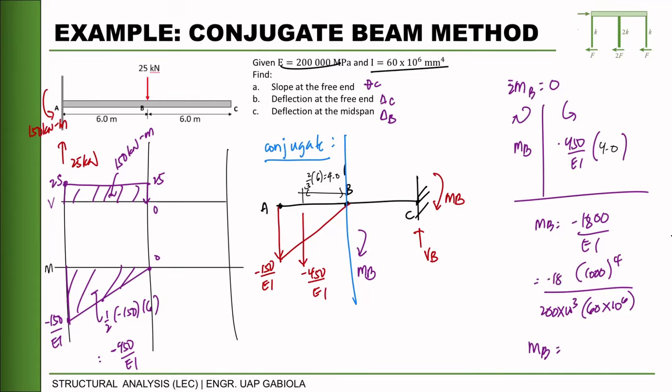Negative 1,800, not 18,000. 1,800 raised to 4, divide by 200 times 60 million. Okay, that is negative 150 mm. So that is equal to delta V. Okay, so these are our answers.